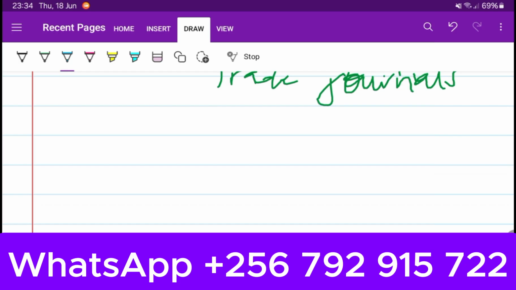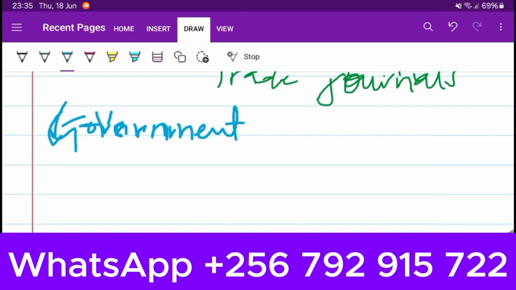The other entity, of course, we can have government autonomous bodies. These ones are different, and I'm going to explain why they are different. They are called government autonomous bodies.